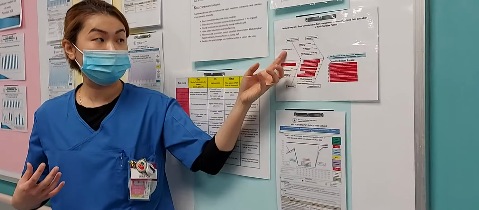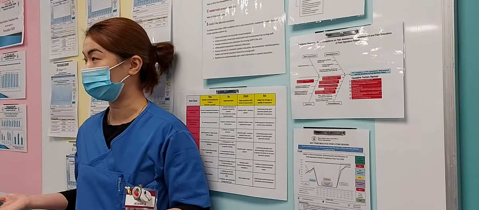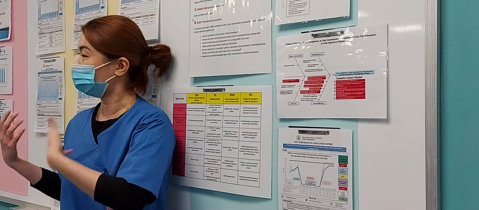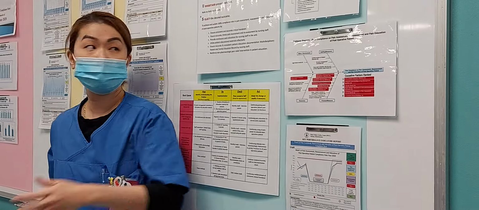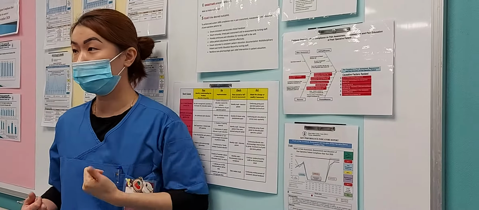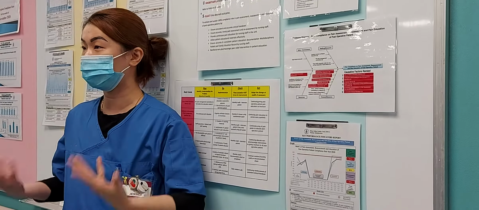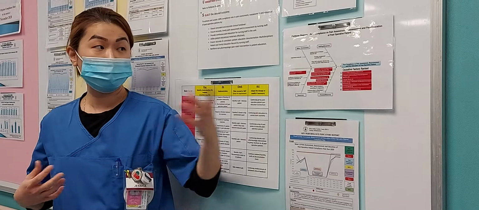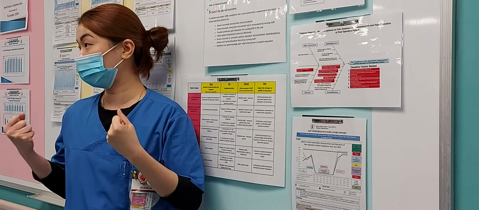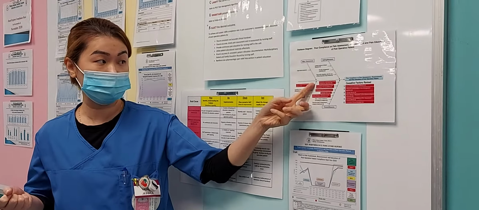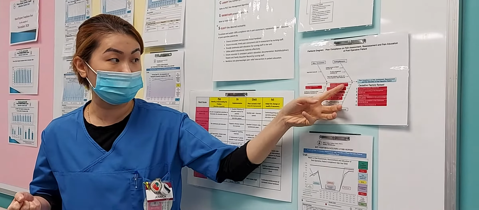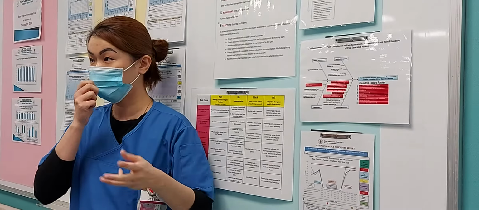For example, if let's say high patient acuity, we cannot do anything. We cannot change the patient from acuity to non-acuity, right? And if let's say manpower for patient educators, we can't do anything. We can't recruit more patient educators. Whatever we can do within our own power in nursing, for example, inadequate understanding of the pain management algorithm, this one we can do something.